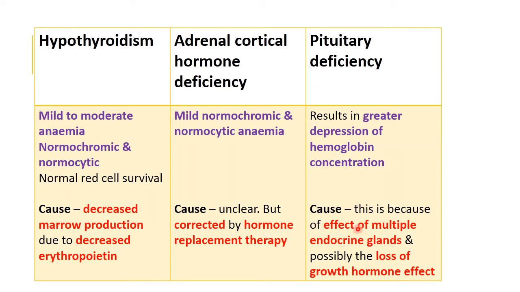As I said, the pituitary gland has control over other glands also. So when the pituitary gland itself is not working fine, the other glands may not receive the stimulating factors from it, so the other endocrine glands won't be able to give out their secretions. Therefore it also results in anemia. Most probably there will be loss of the growth hormone.